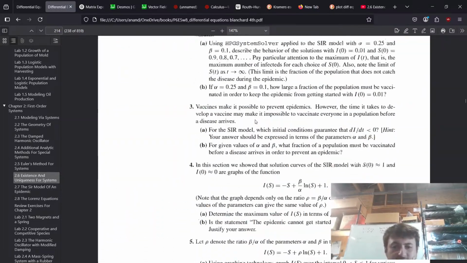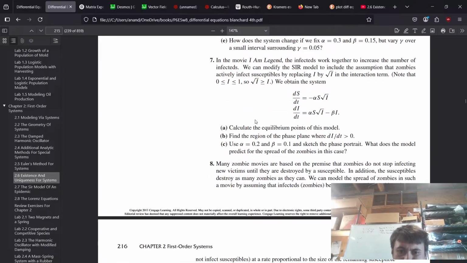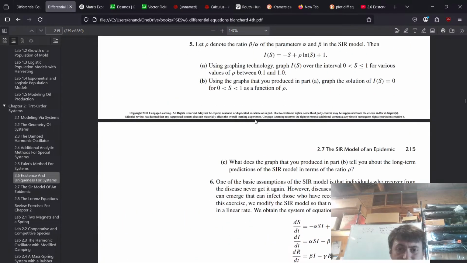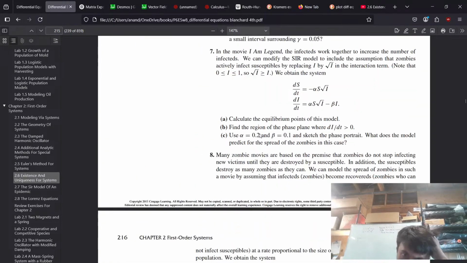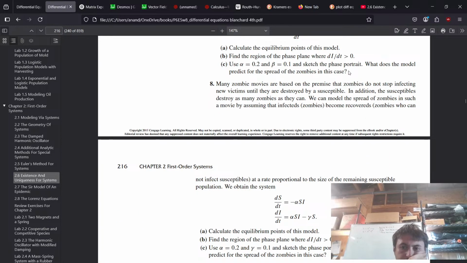All right, let me just look at this thing. Okay, and then 8. No. 3 and 8. Many zombie movies are based on the premise that zombies do not stop infecting. We can model the spread of zombies in a movie by assuming that the zombies become recovered.